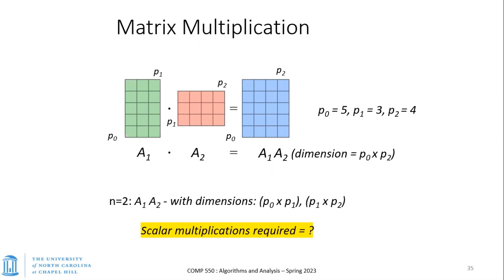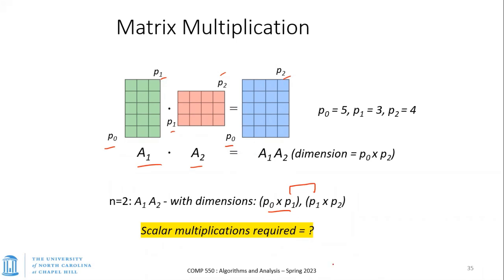If you had two matrices, A1 and A2, and A1 is of size P0 times P1, then A2 has to have the same P1, so the number of columns in A1 has to be the number of rows in A2 to be able to multiply these two matrices. So P1 here is common, and P2 can be different from P0. The resulting matrix is of size P0 times P2, right? This is something that you already know.